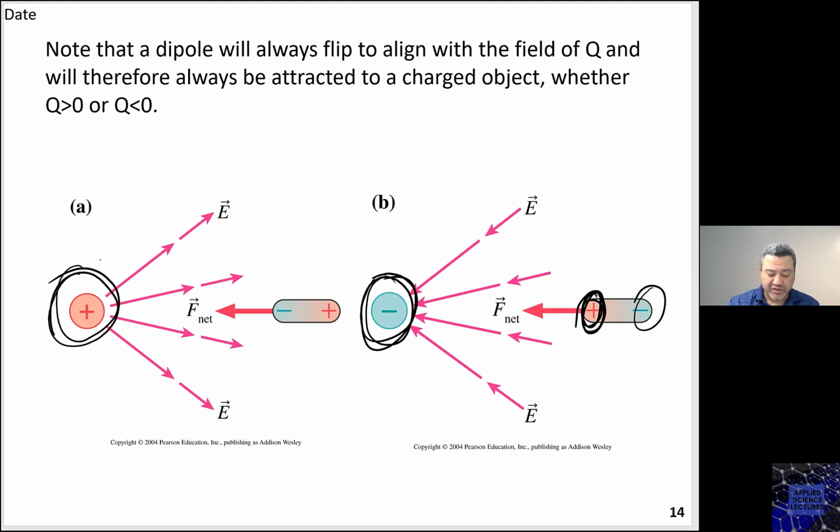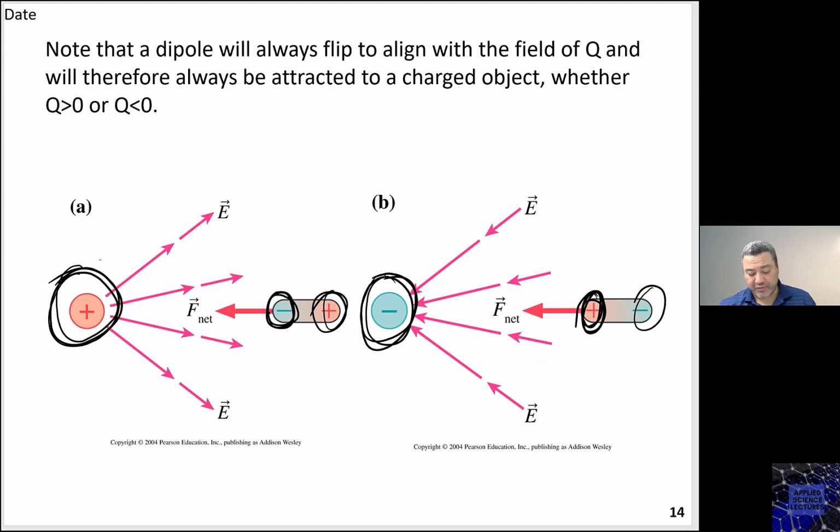If the charge that is generating the electric field is positive, the dipole will also be attracted because the negative charge here will have an attractive force, and this attractive force here is greater than the one on the positive side. So in both cases, the dipole will be aligned and attracted.